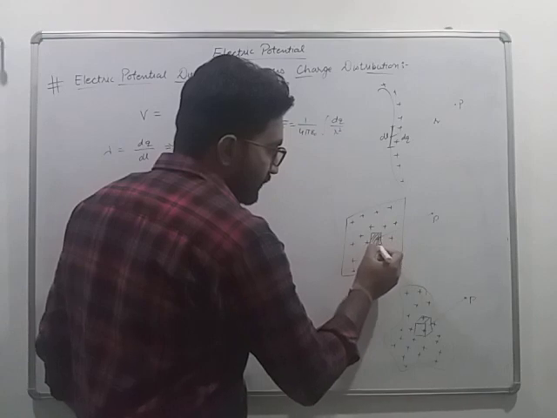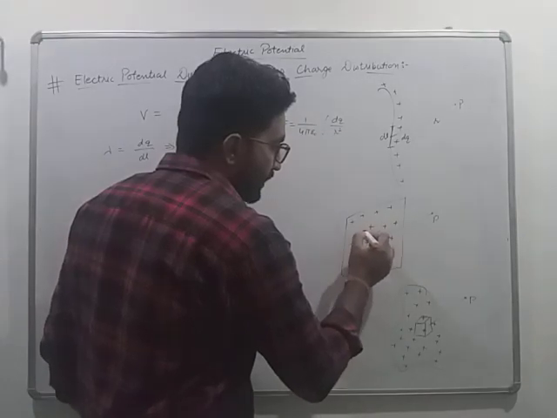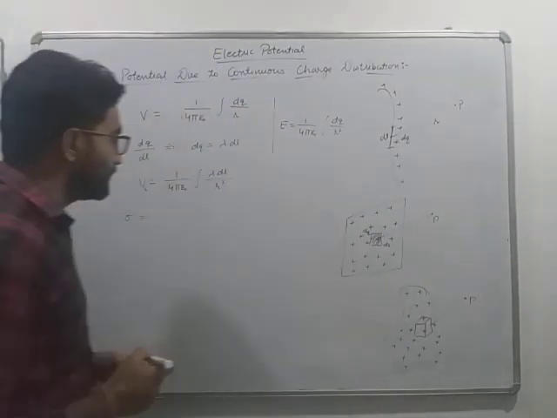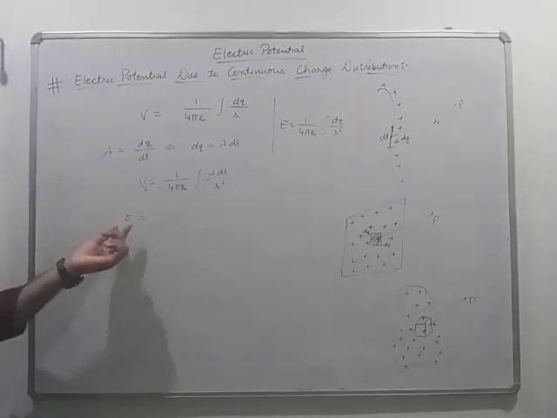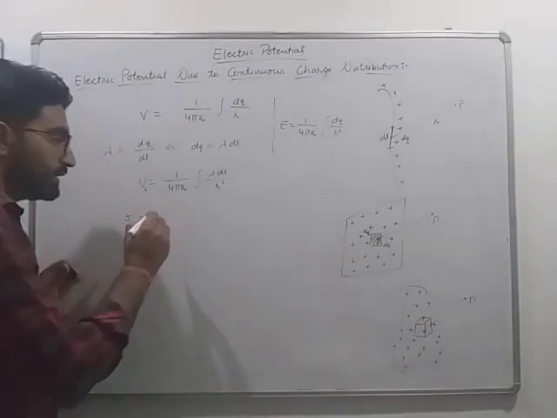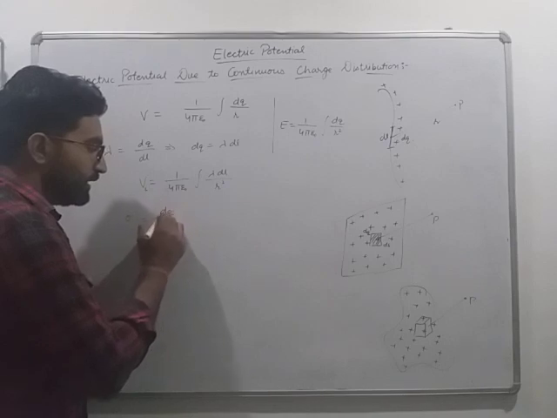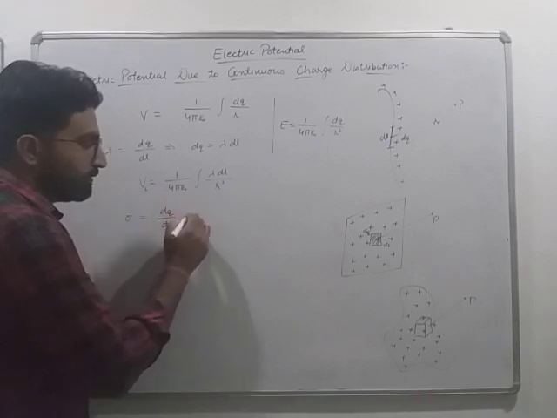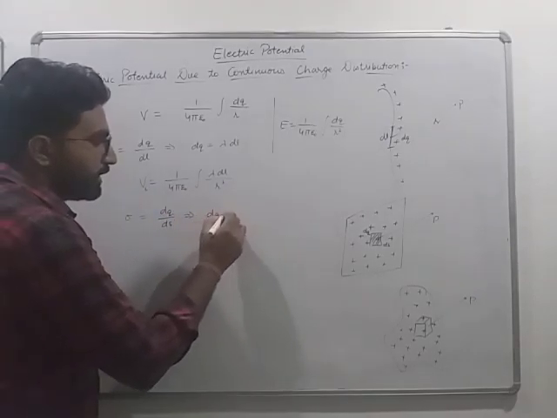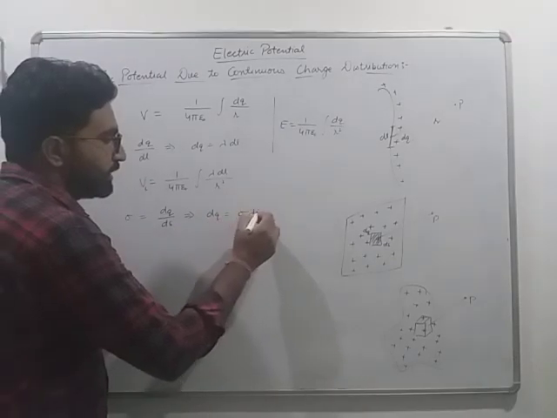Here the surface area is ds having a charge of dq, and the surface charge density sigma will be equal to charge per unit surface area, dq divided by ds, which implies dq will be equal to sigma times ds.